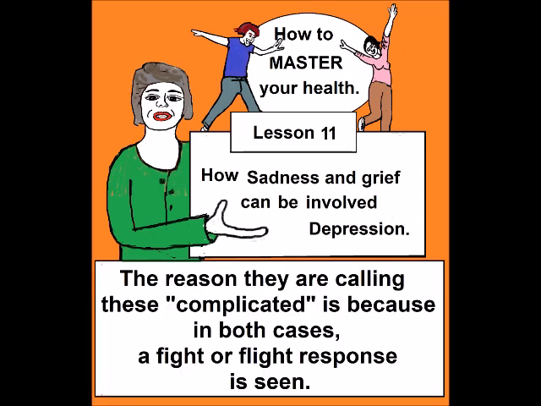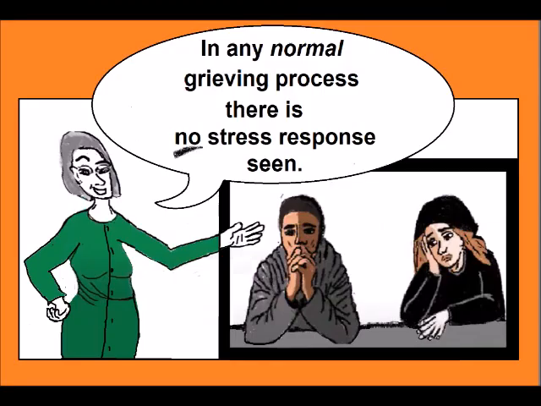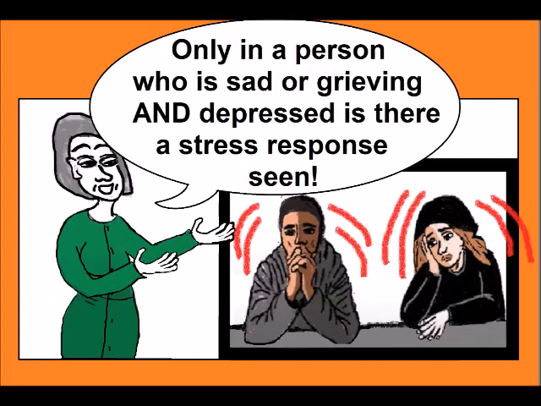The reason they are calling these complicated is because in both cases a fight or flight response is seen. In any normal grieving process, there is no stress response seen. Only in a person who is sad or grieving and depressed is there a stress response seen.